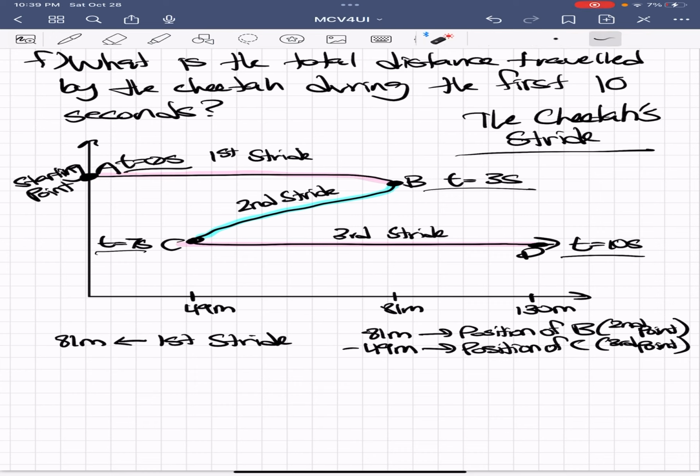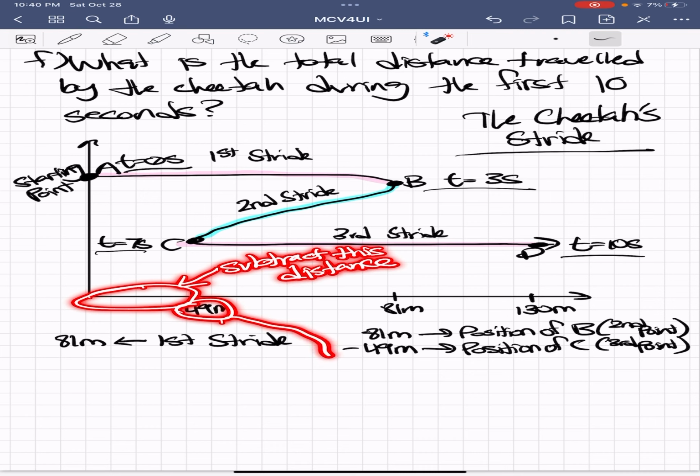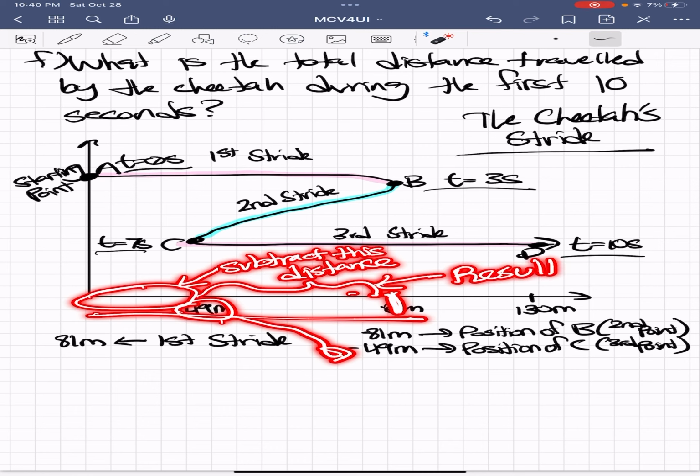So we're gonna subtract this distance, and we have that number, it's 49 meters from the entirety of the 81 meters, and then we will be left with what is left here, and that would be our result, that distance right there, and that'll be the length of the second stride, and then we will add that to our calculations.